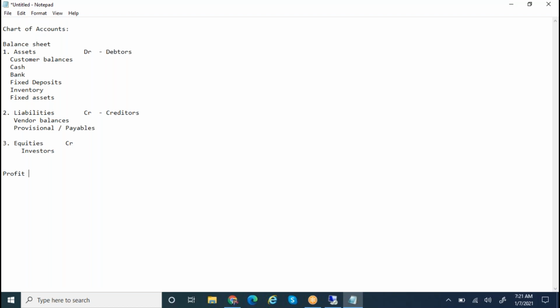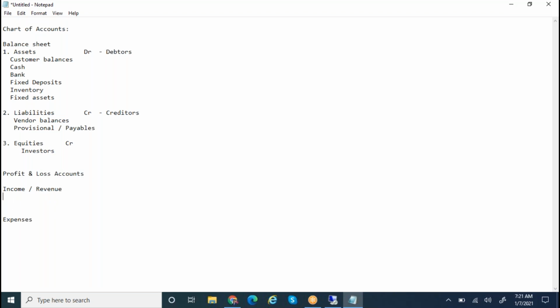Next, profit and loss accounts. These profit and loss accounts are actually in the system, one is income, sorry, income or revenue, and another one is expenses. These are the two. Balance sheet is two items like assets and liabilities. Profit and loss accounts are income or revenue and expenses.